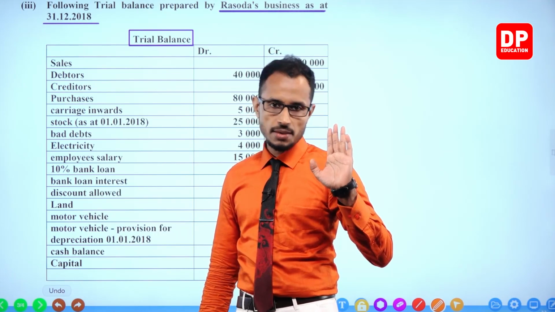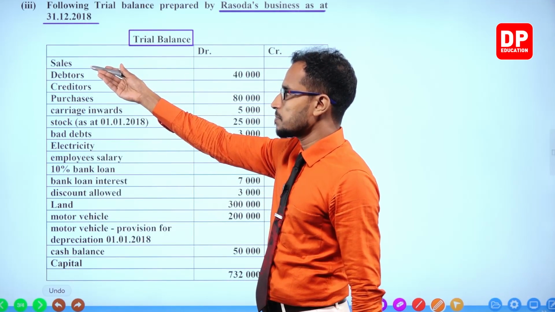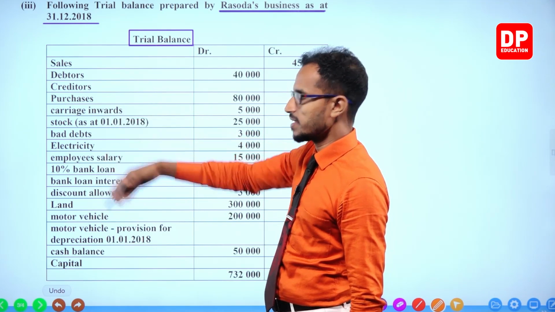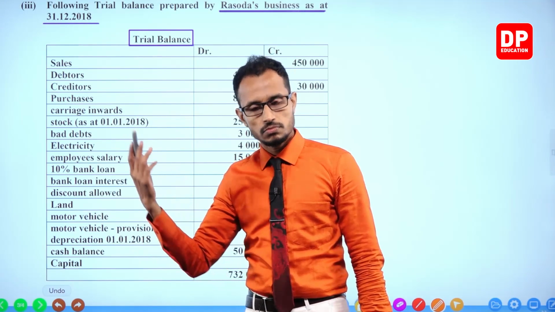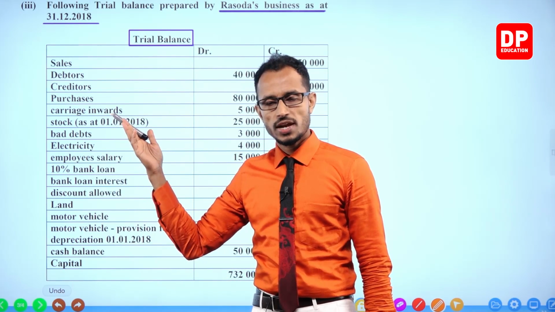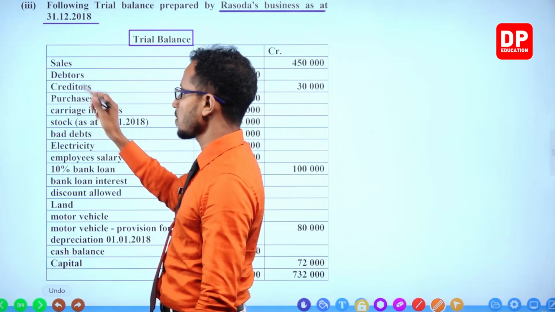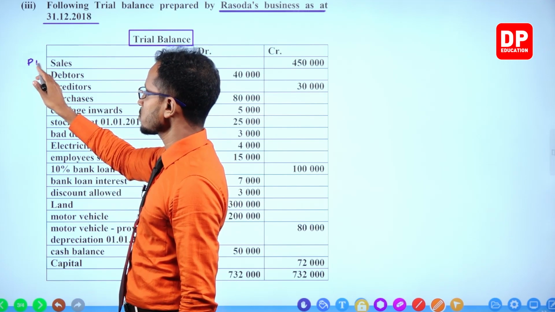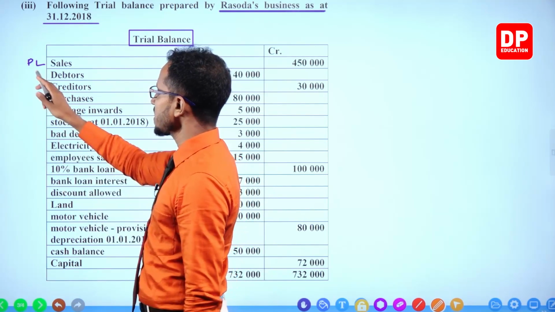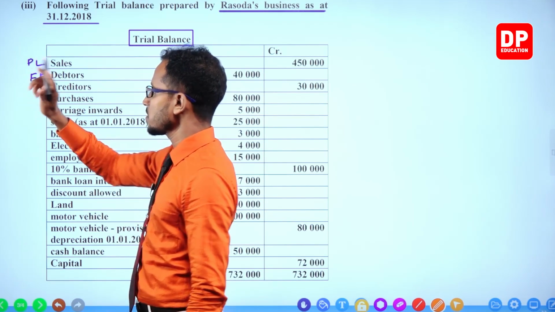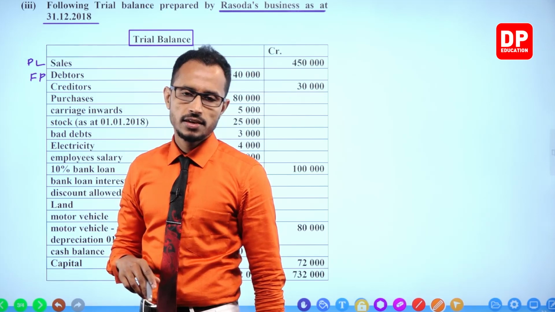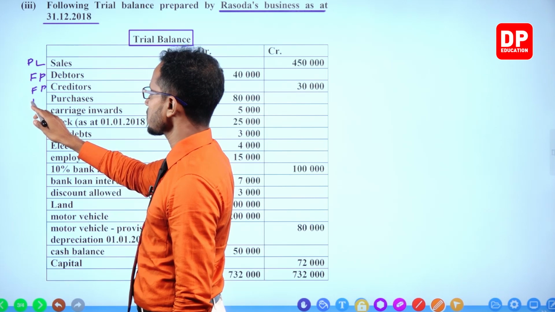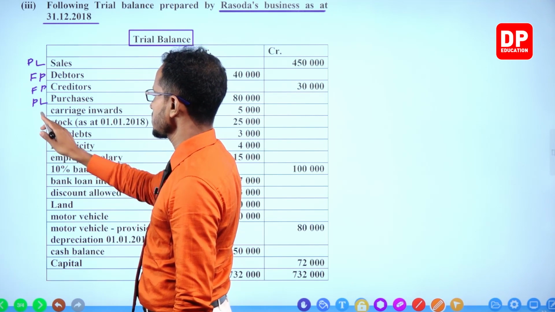What I mean by labeling is mention in front of each item to which statement should you enter them, and write it down on the paper itself. Example, sales should go to profit or loss, so just write P&L. Debtor should go to SOFP, so you can write FP. Creditors also SOFP. Purchases P&L. Carriage inwards P&L.